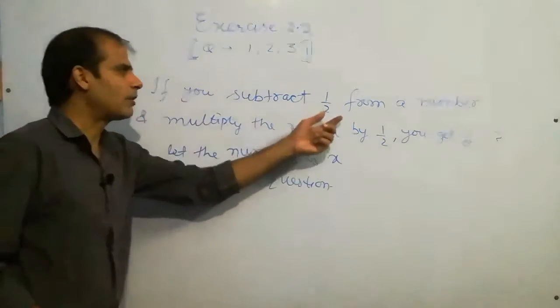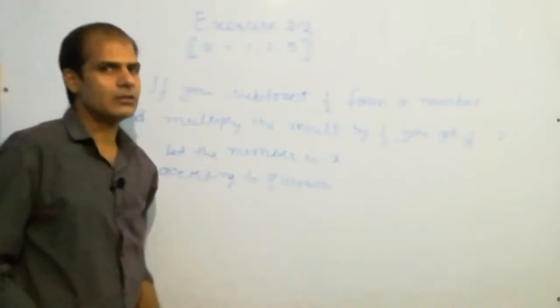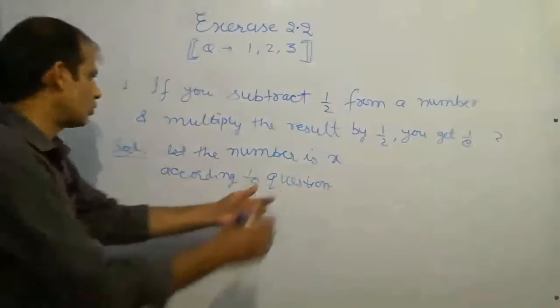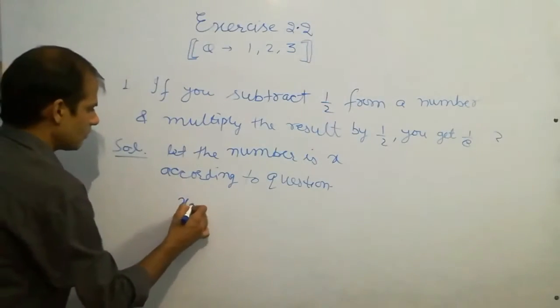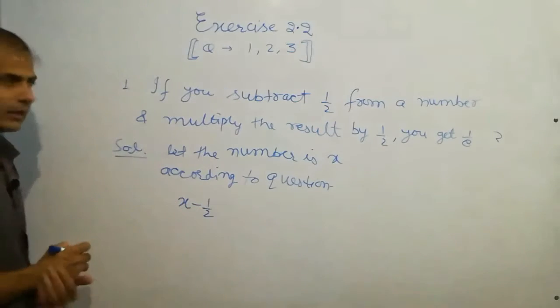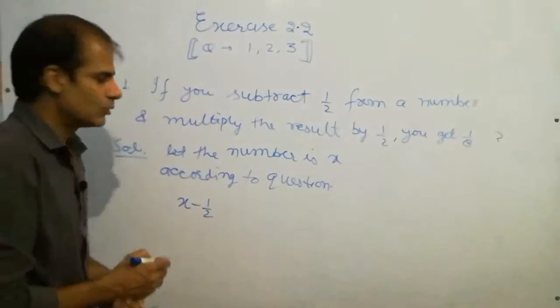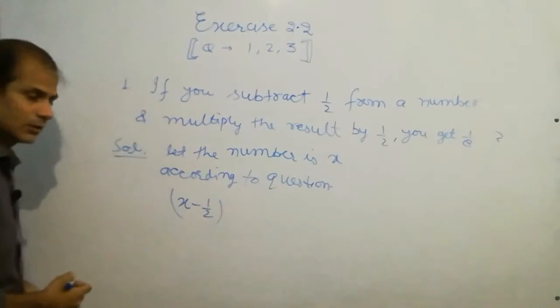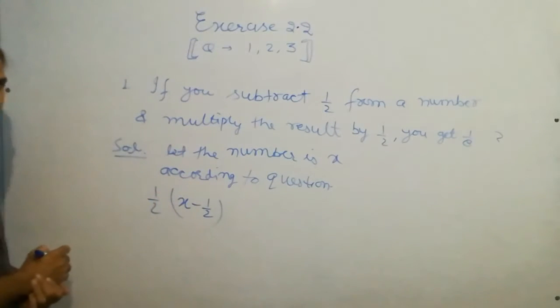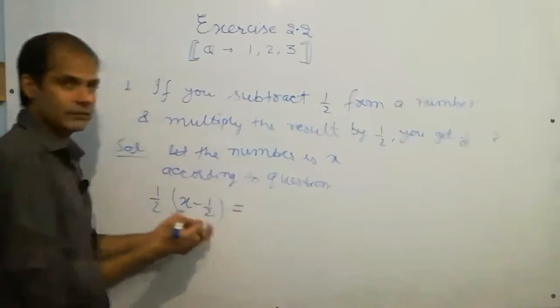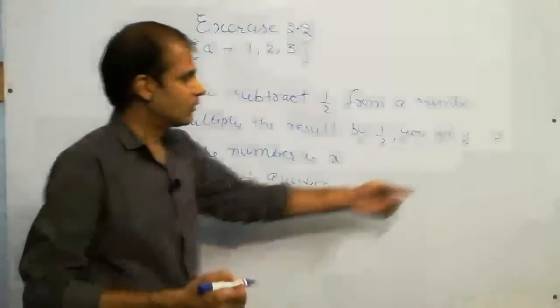If you subtract 1 by 2 from a number, means हमें 1 by 2 को उस नंबर से सब्ट्रैक्ट करना है. So उस नंबर से 1 by 2 को सब्ट्रैक्ट करना है and multiply the result by 1 by 2. So this is the result. Multiply this by 1 by 2. You get means it will be equal to 1 upon 8.